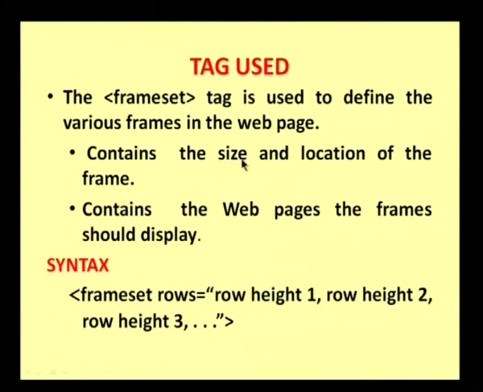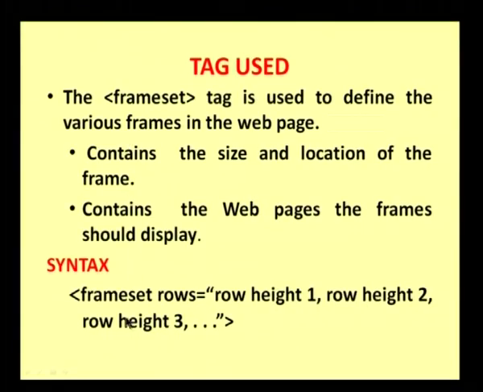The size specifies the row size or column size. It also contains the web pages where the frames should be displayed. So, the frameset tag will contain the size and location, that is which frame the hyperlink should be displayed in, the size of the frame and what information should be displayed there in the frames.